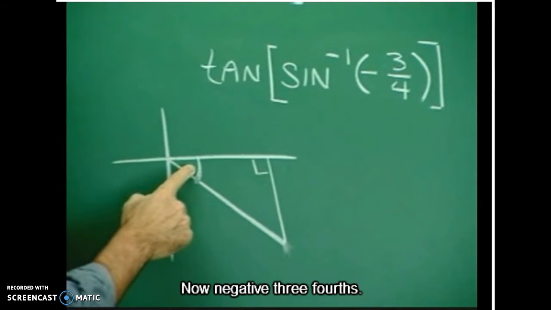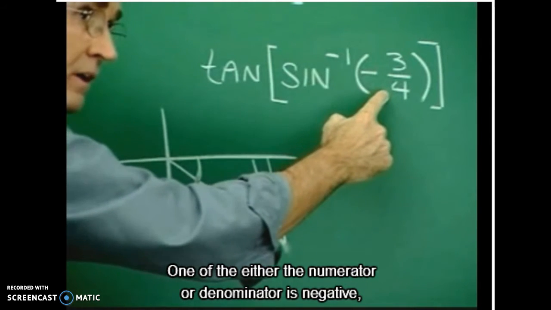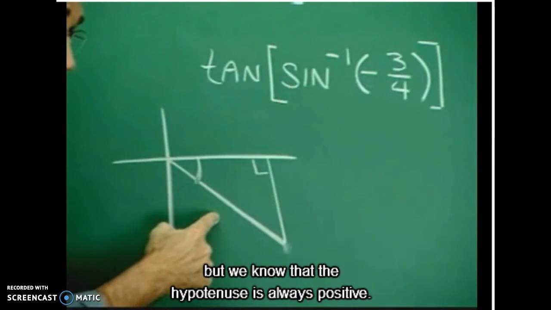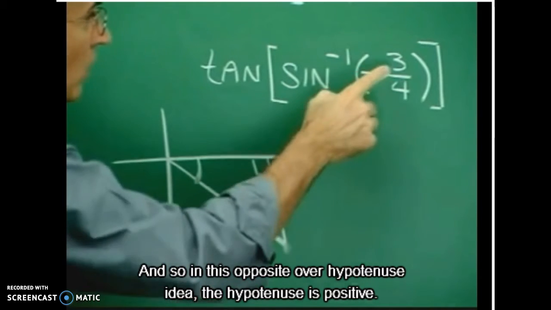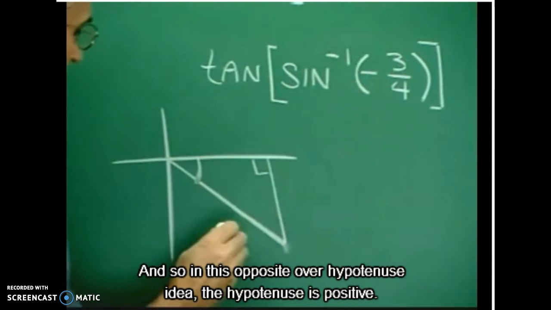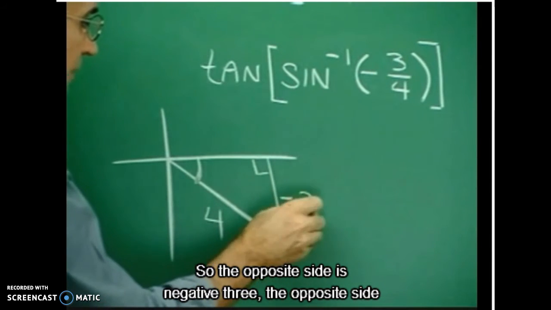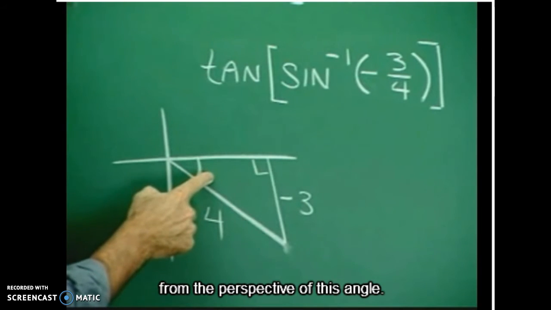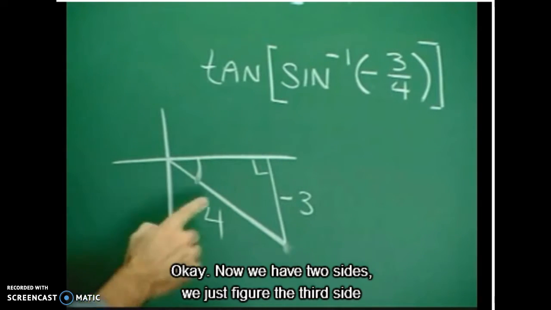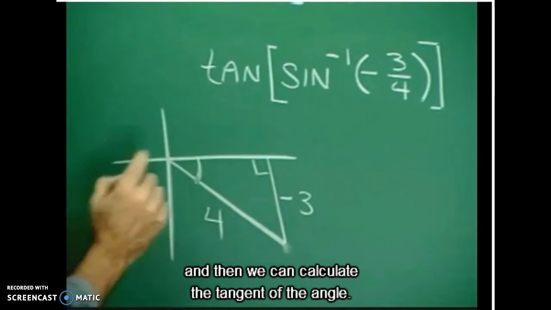Now, negative 3/4, one of either the numerator or denominator is negative, but we know that the hypotenuse is always positive. And so in this opposite over hypotenuse idea, the hypotenuse is positive, so the opposite side is negative 3, the opposite side from the perspective of this angle. Okay, now we have two sides. We just figure the third side, and then we can calculate the tangent of the angle.